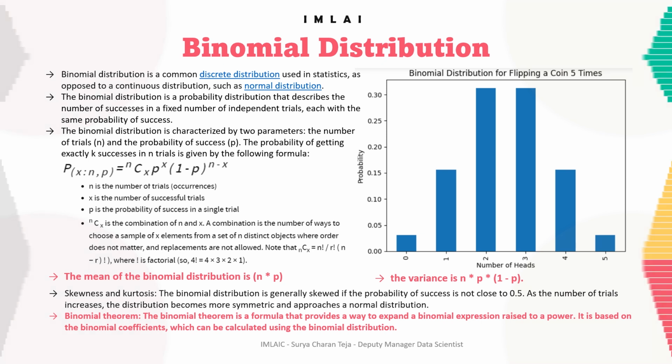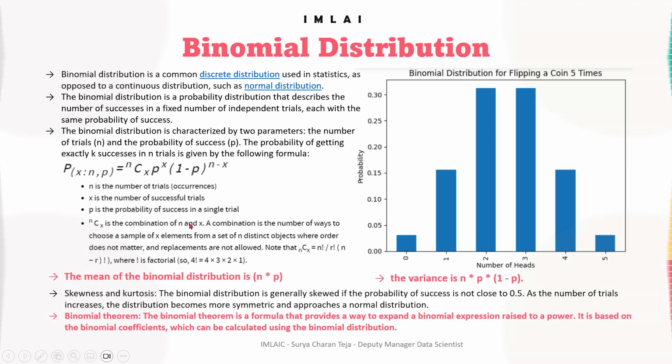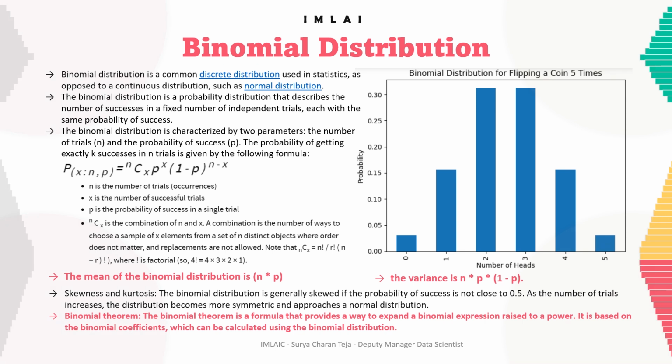It is characterized by two parameters: the number of trials and the probability of success. Understanding its properties and applications can help data scientists model phenomena such as the success rate of a marketing campaign or the probability of a disease outbreak in a population.